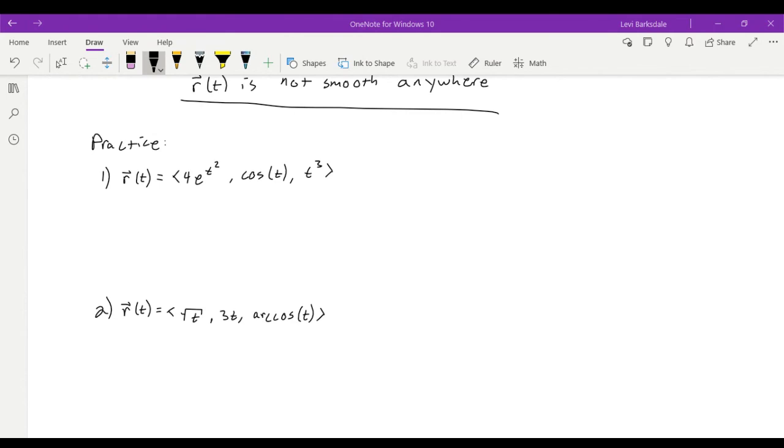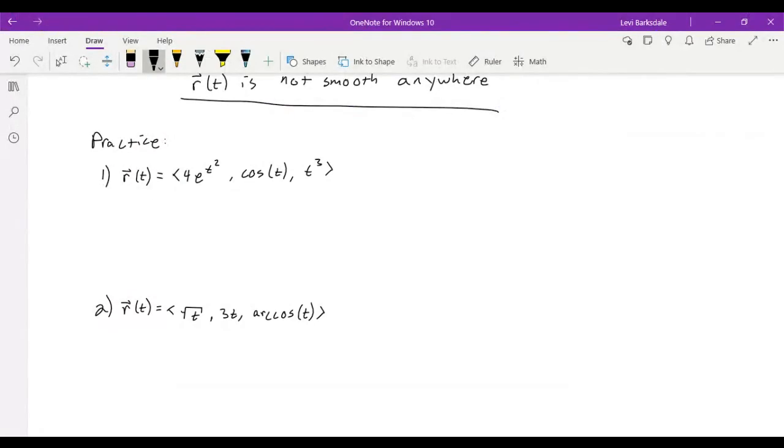All right. Let's go ahead and go over this. First off, if we look at the domain of our first vector valued function, we could see that it is all real numbers. So we need to take the first derivative. We get e to the 4t squared times the derivative of 4t squared, which gives us 8t e to the 4t squared. Next, the derivative of cosine is negative sine of t. Lastly, we get 3t squared.